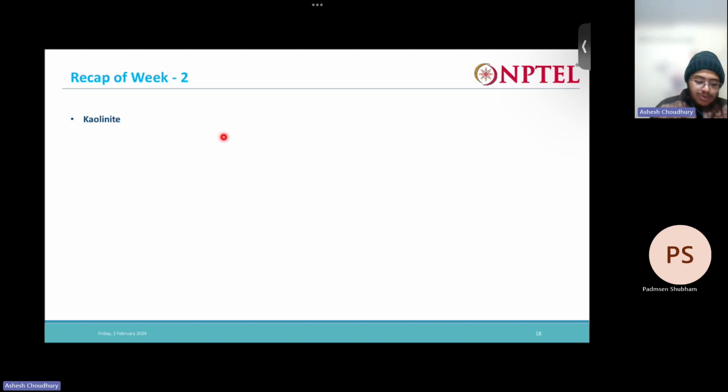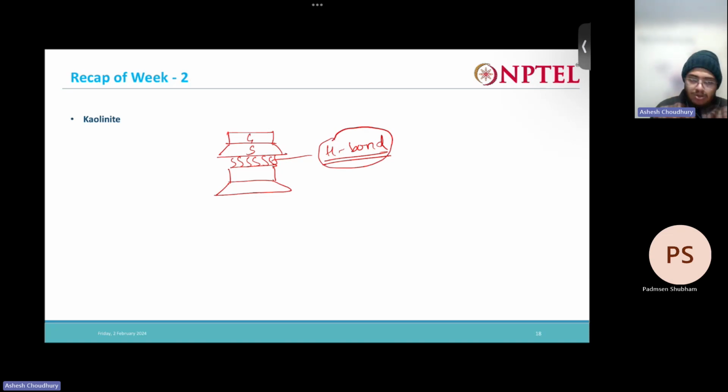In kaolinite, we have one gypsite sheet, then one silica sheet, and this is repeated, and in between we have hydrogen bond, H bond. If you recall from your chemistry classes, hydrogen bond is very strong.